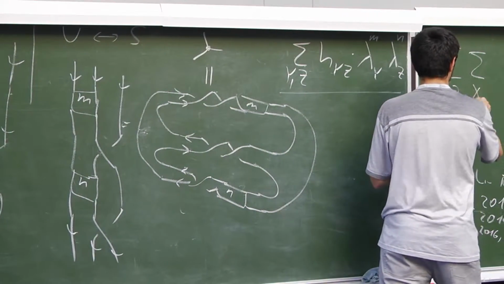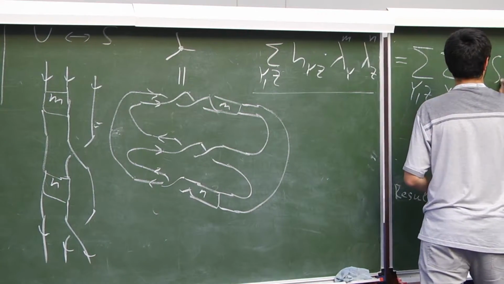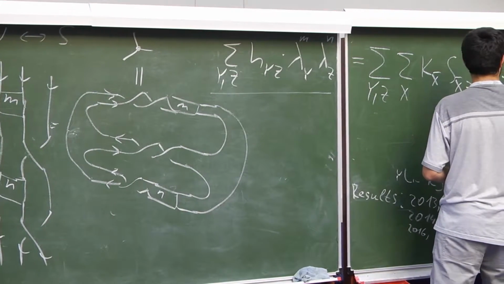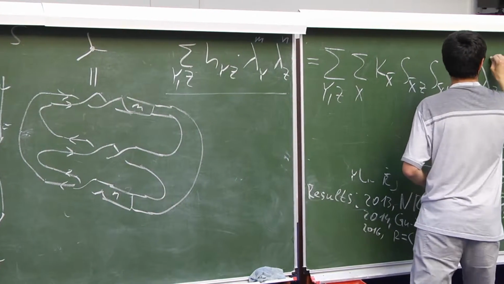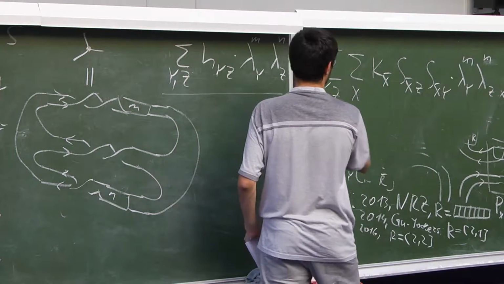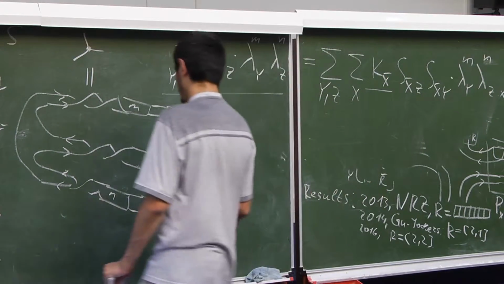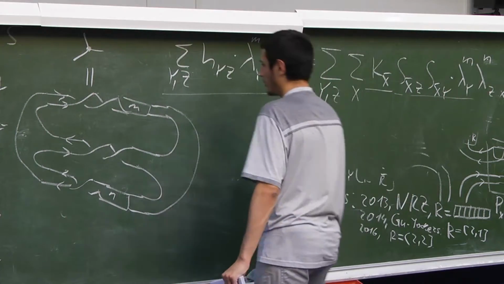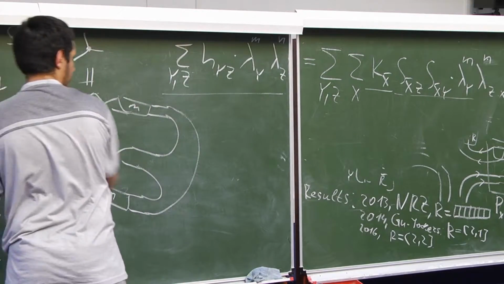So, and if I write the right hand side, then schematically I will get something like that. This guy K comes from this part, and these guys come from this part, which are actually the same as this part.